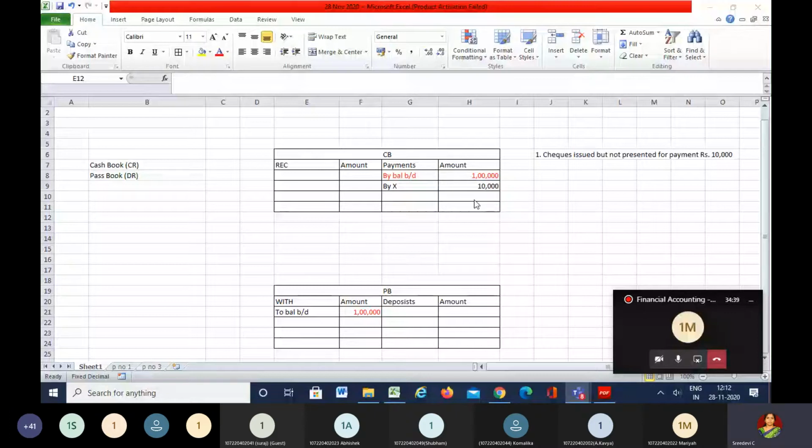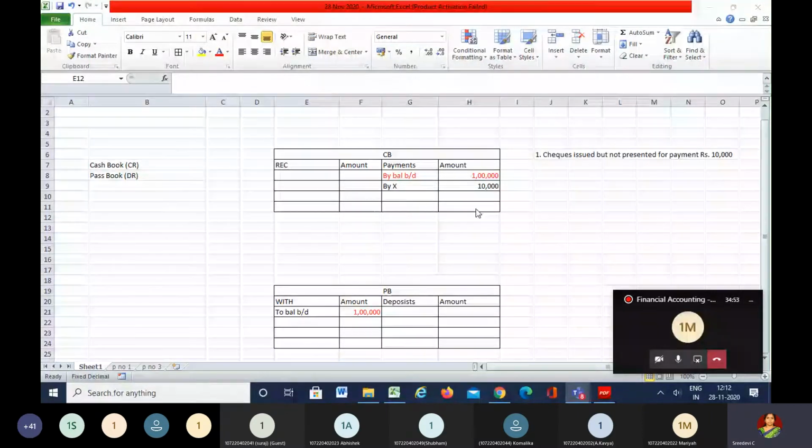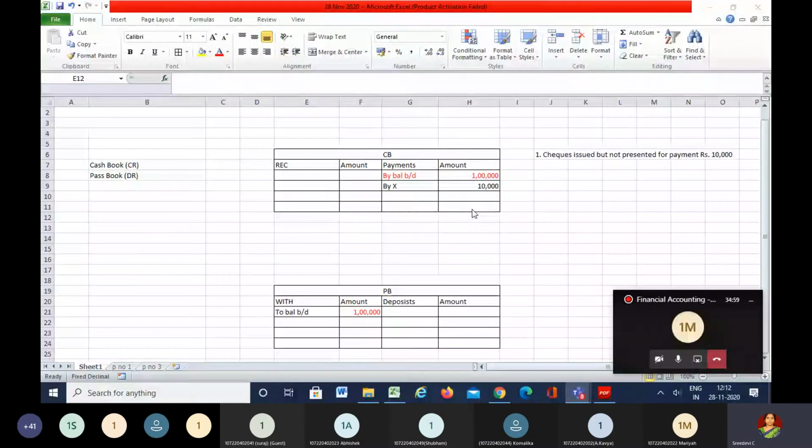I'll repeat once again. In case this balance is an ordinary balance, I'll write down here balance brought down. What happens to the ordinary balance? From 1 lakh, we are paying 10,000, so the balance decreases and will come down to 90,000. So the cash book will be less and the passbook will be more, because the check is still not presented for payment.